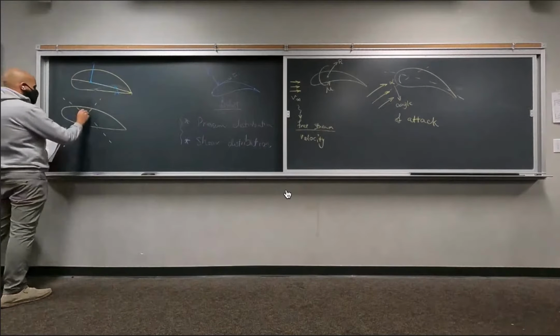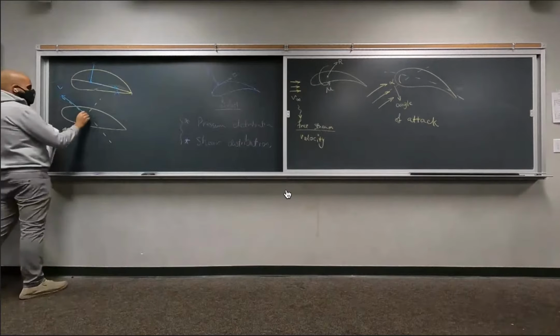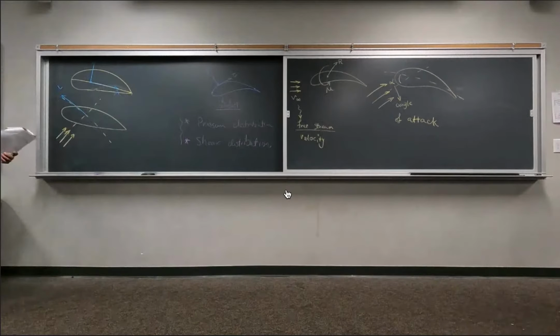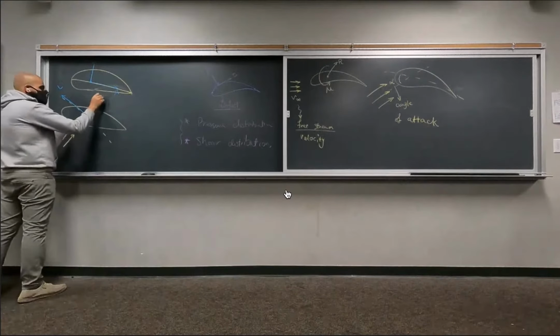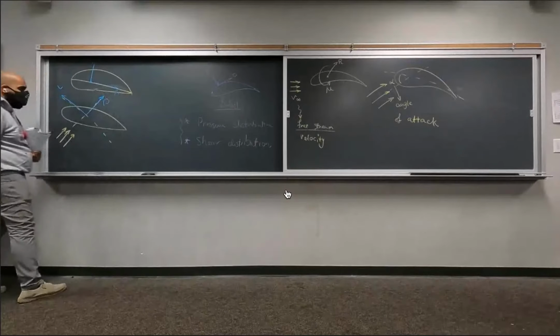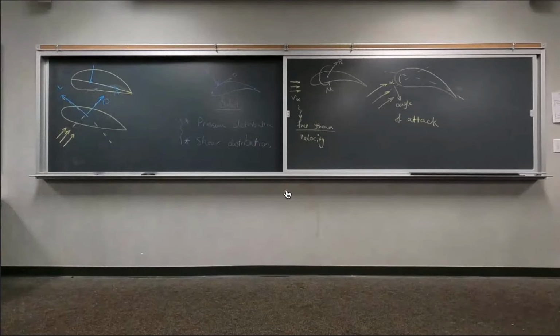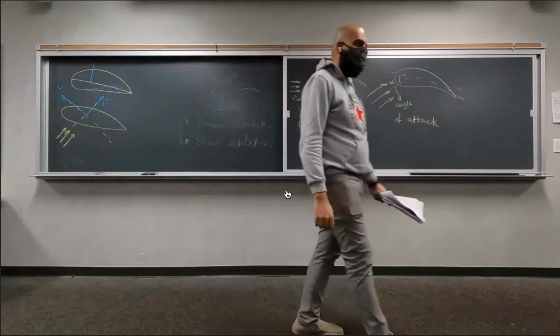The force that is normal to the direction of the flow is called lift. That is responsible for lifting your aircraft, right? And the force that is tangential to the direction of airflow is called drag.